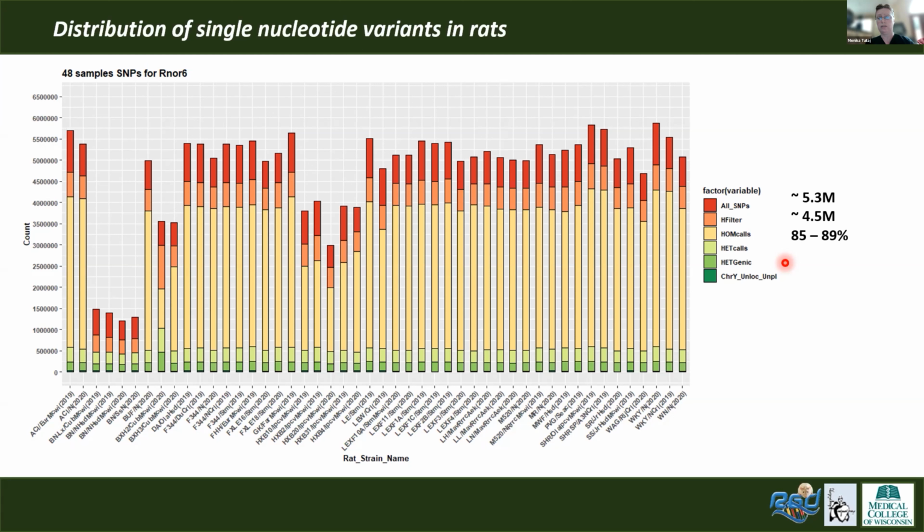I tried to subset those data and look for detailed information. You can also see that there are a few samples, these 4 samples, that are descendants of the rat which was sequenced for the genome reference. There are also recombinants from the Brown Norway strain, and they generally show lower numbers of variants.